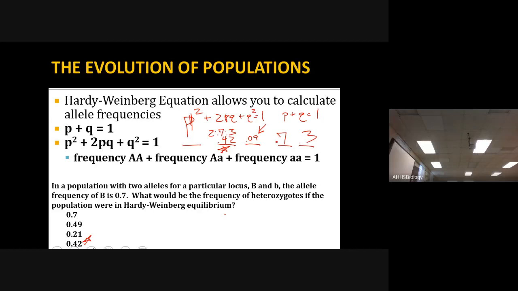If we have the frequency times the number, then that would be 0.42 times 1,000 equals 420. So even though I can't look at this population and know which ones are heterozygous, I can say, you know what, I'm going to expect 420 of them to be heterozygous because the math tells me that it is.